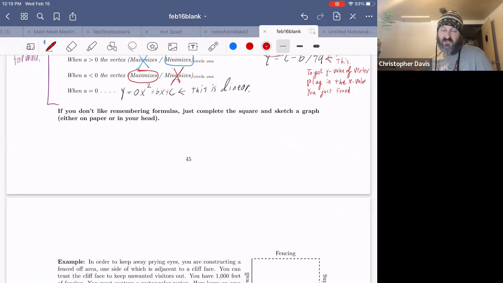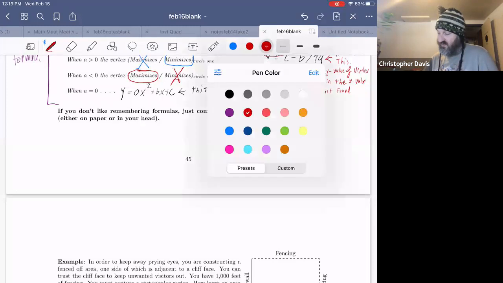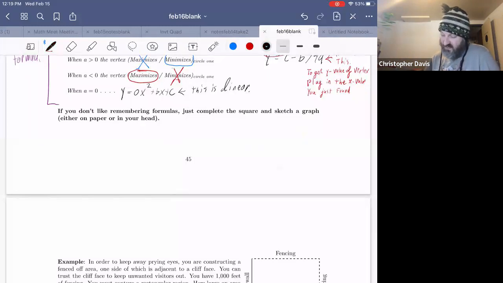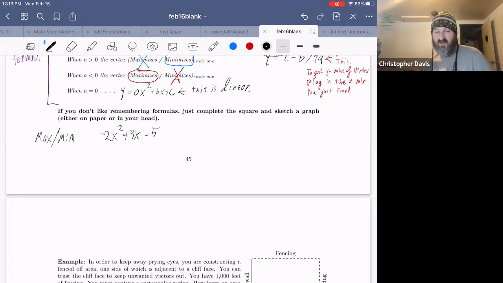So I think there are even examples on the next page, but let's just do one thing really quick. They're even real world examples. Let's maximize or minimize, I don't know, negative 2x squared plus 3x minus 5. Let's find the x value that produces the max and the y value at the max or min.